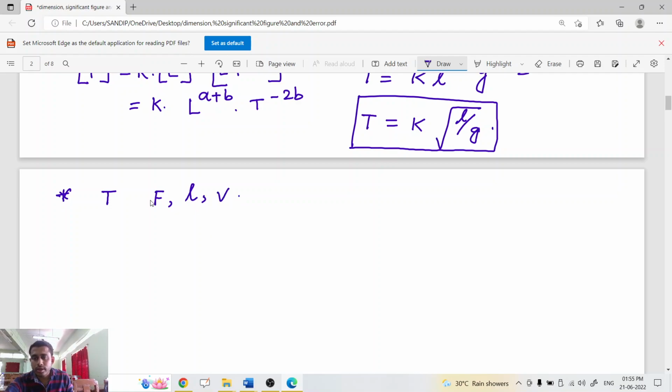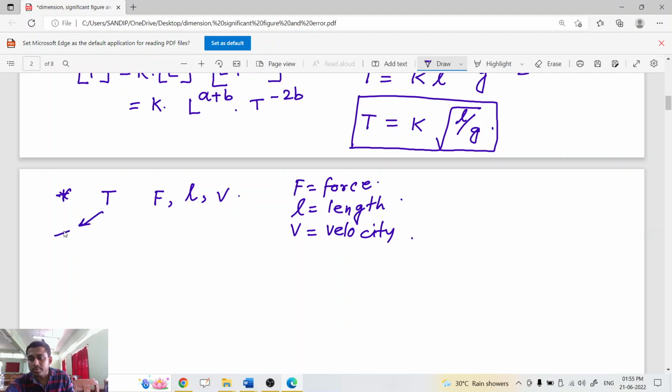Here F is simply force and l is length, whereas v is velocity, and T is time. So here we have to find out the time period in terms of force, length and velocity.